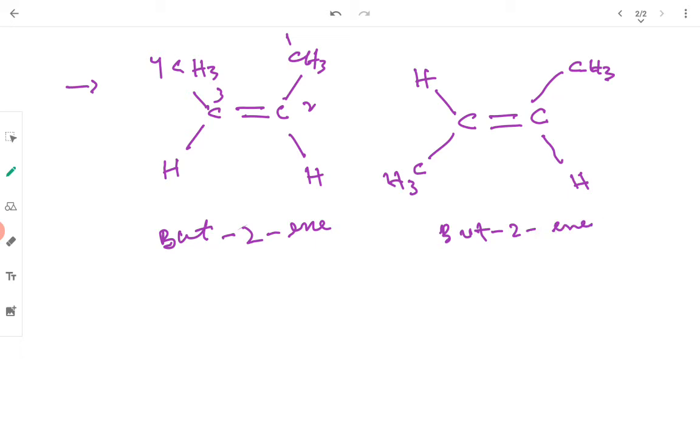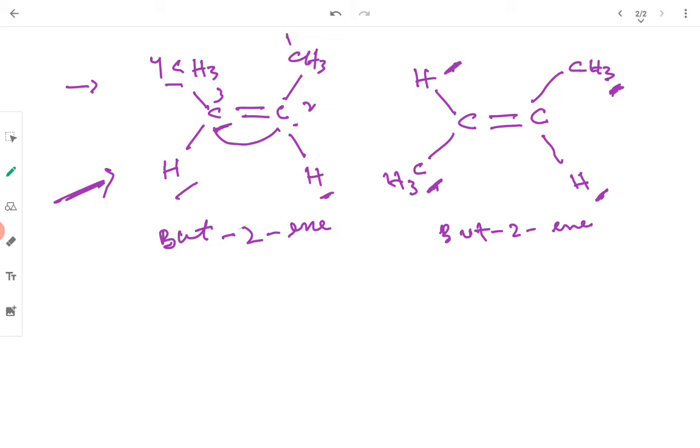but there is a huge difference between them. You can see in these two molecules the molecular formula is same, the structure is same. Here are two carbon atoms bound by a double bond. This carbon is attached to one methyl and one hydrogen. Here also it's attached to one methyl and one hydrogen.